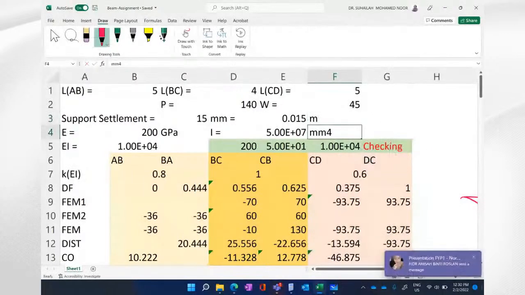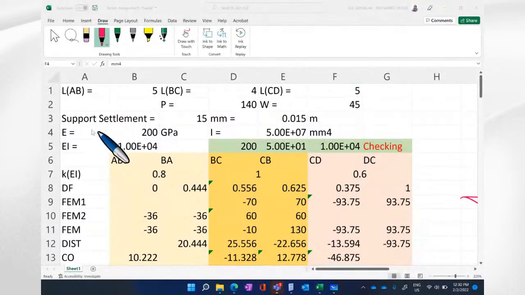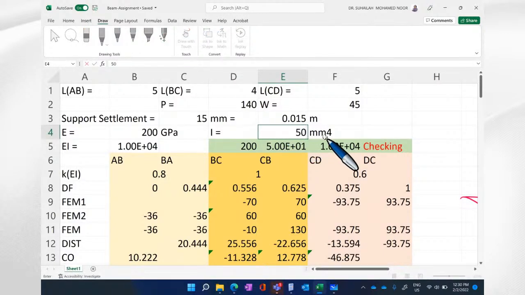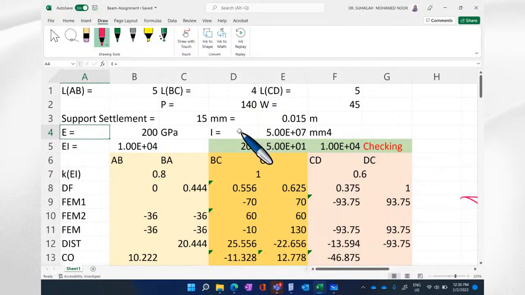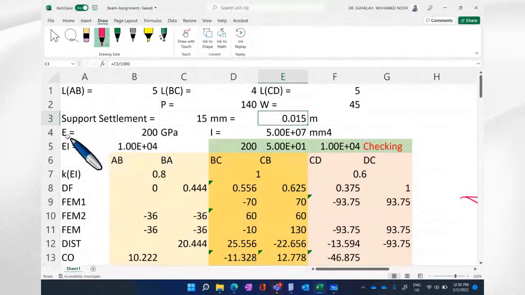In unit meter. E is given as 200 GPa and I is 50 exponent 6. We need this whenever we have support settlement, because settlement is given in meters, so we must have E and I in order to solve for the FEM due to settlement.